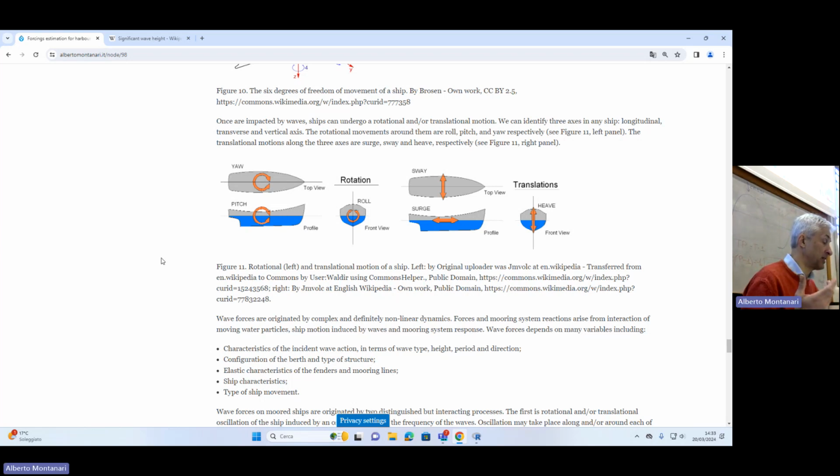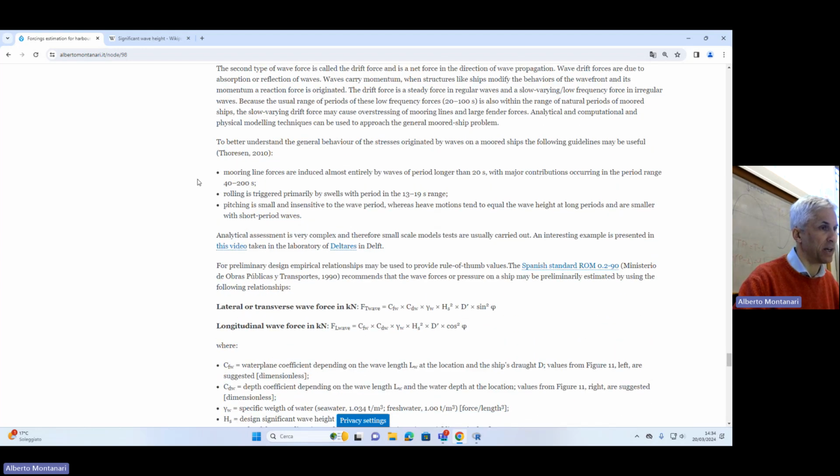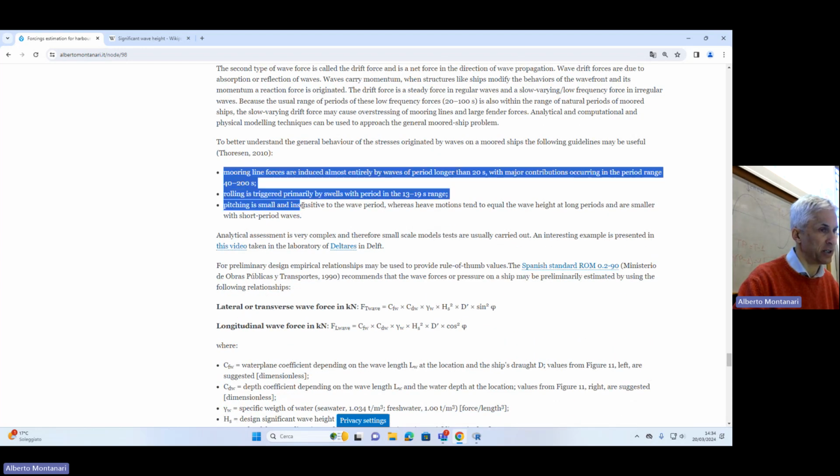And it is called flutter effect for ships because even a stable ship, if it gets into a wave regime that has a period close to one of the characteristic periods of the ship, can start moving with larger and larger oscillations until it may collapse. Okay, and this is something that you have to be aware of. So this is why they put these indications here.